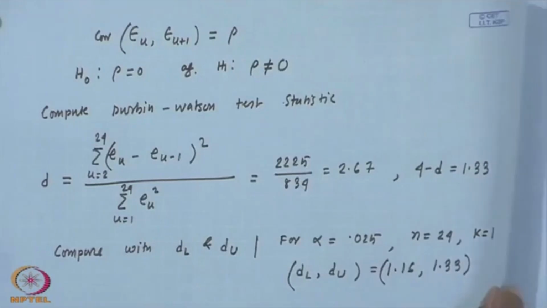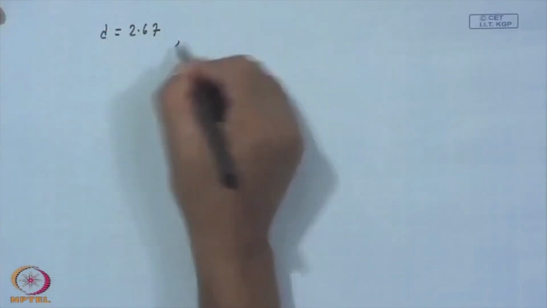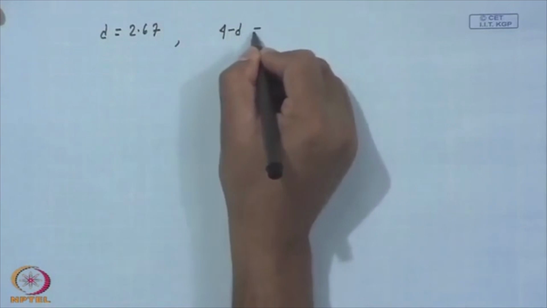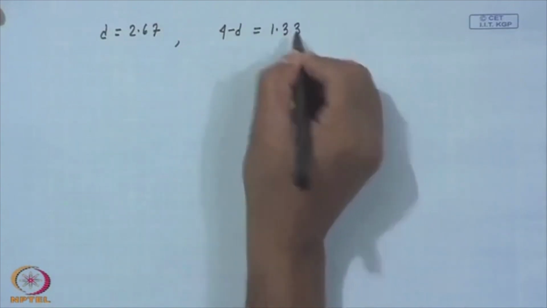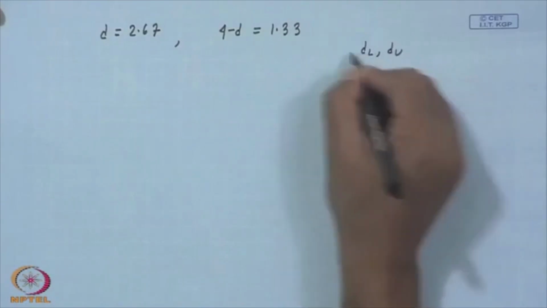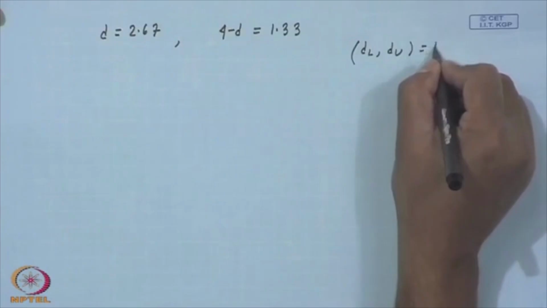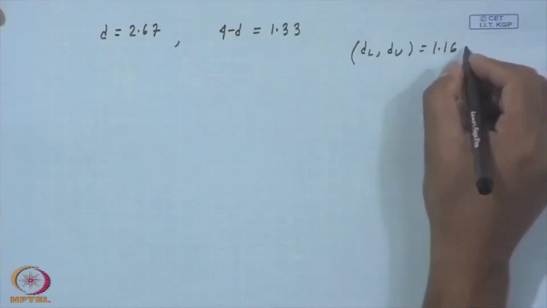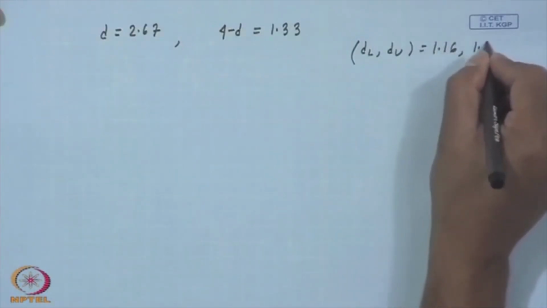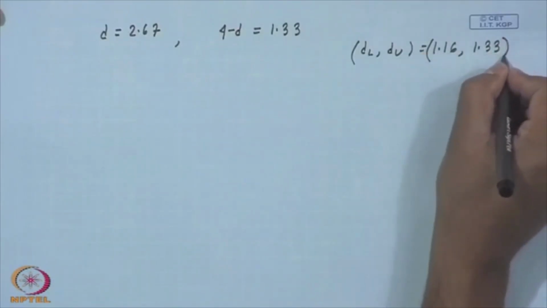Okay. So, we know that my d is equal to 2.67, my 4 minus d is equal to 1.33, and my dl and du are 1.16 and 1.33.